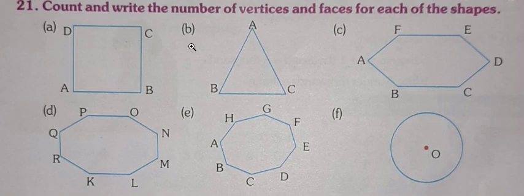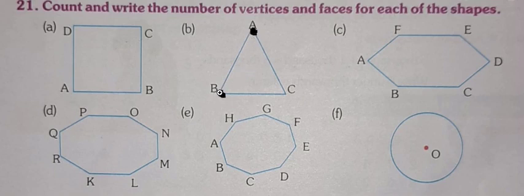Fine, now let's move to another shape so that your doubts will be completely clear. Now how many vertices are there? Vertices are those points, those corners, where two lines meet. Here two lines are meeting, AB and AC are meeting at A. So A is a vertex.